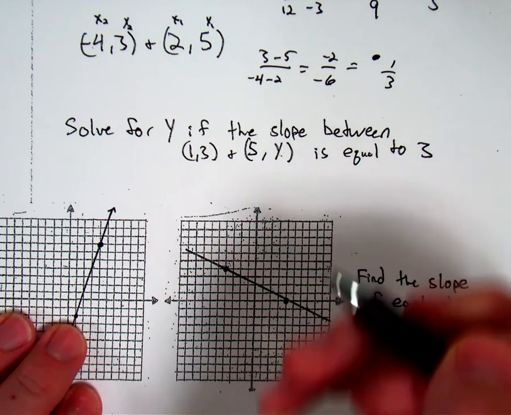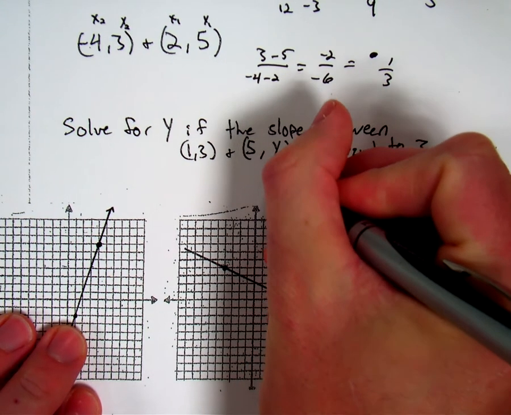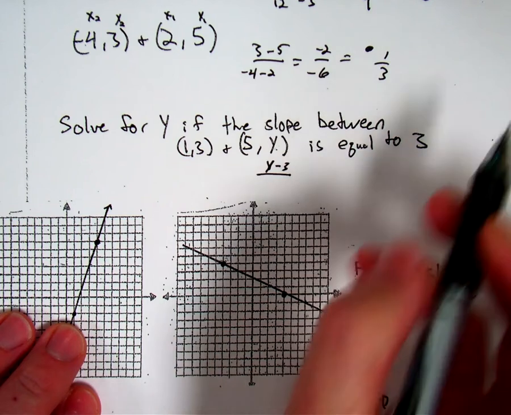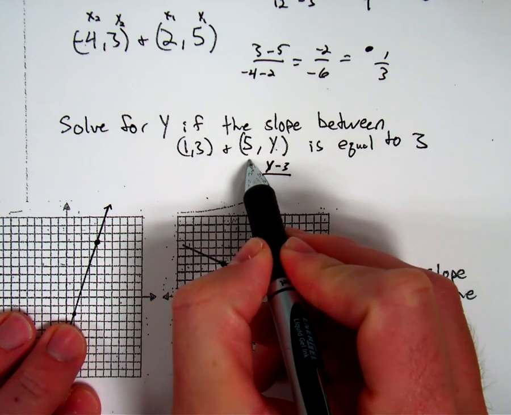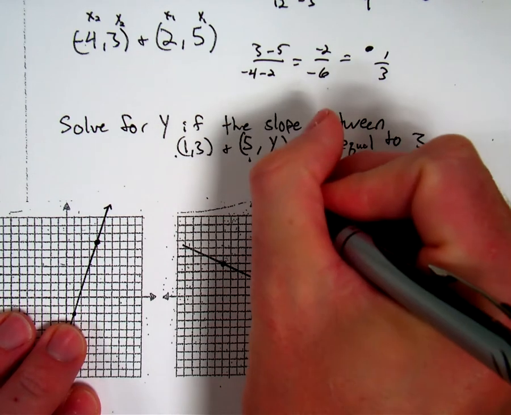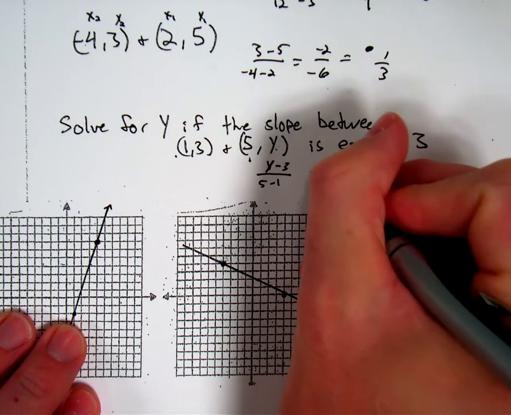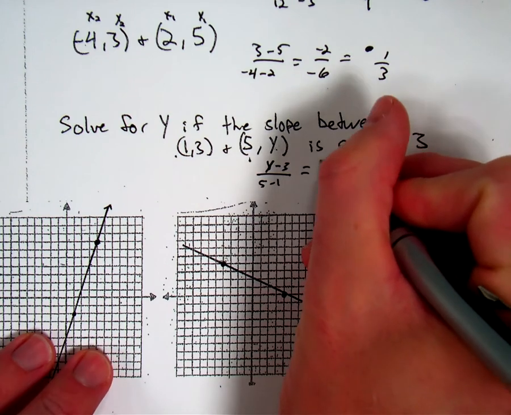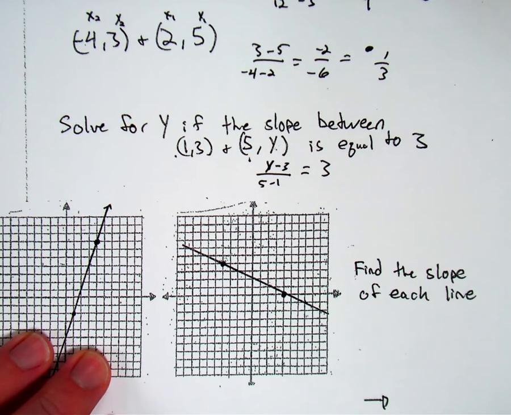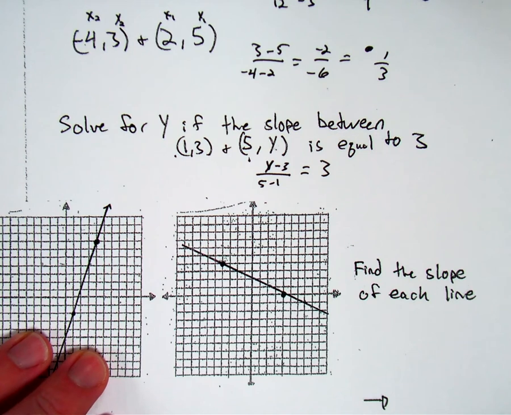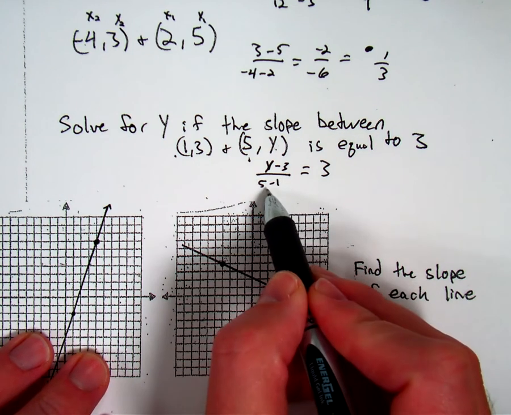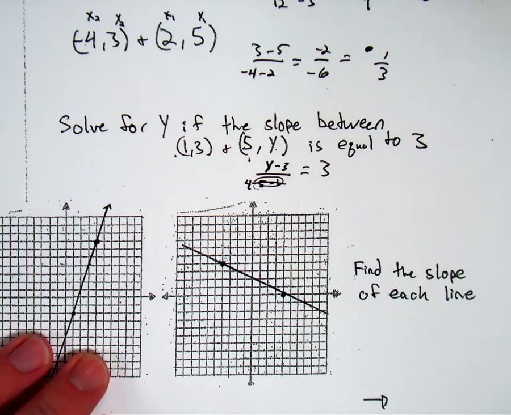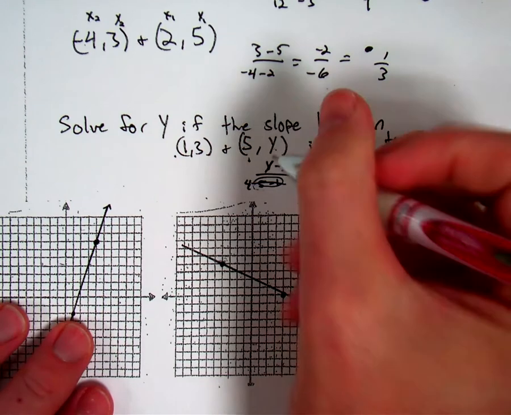So it's going to be y minus 3 over 5 minus 1, and that's going to equal 3 over 1. So 5 minus 1, that's going to be a 4 on the bottom.